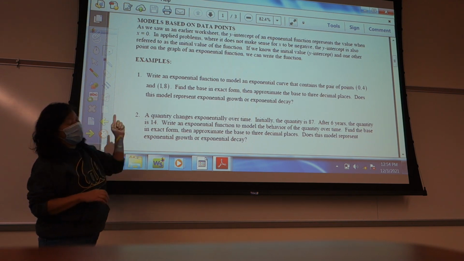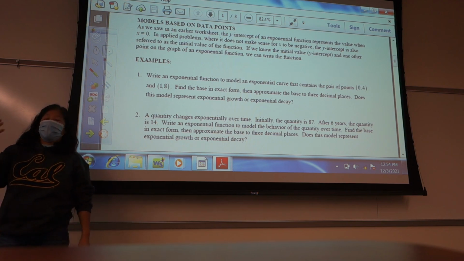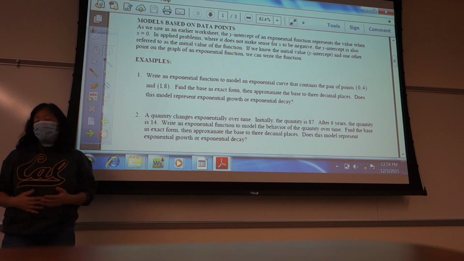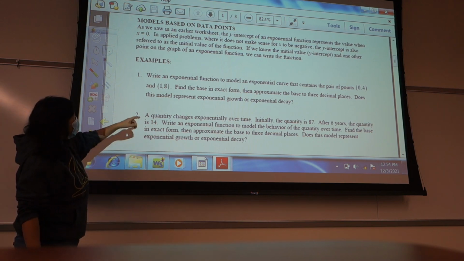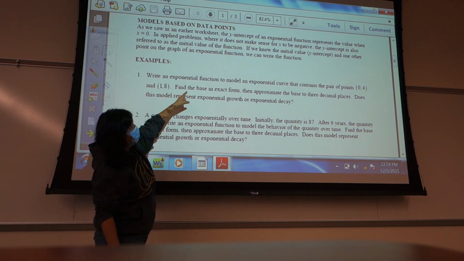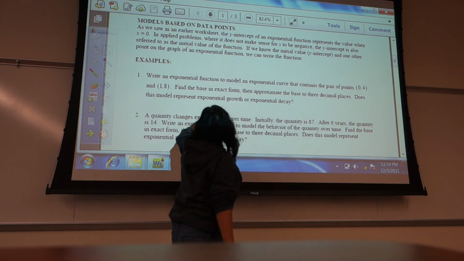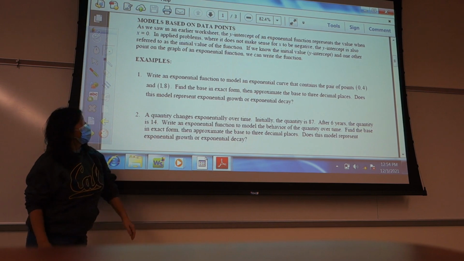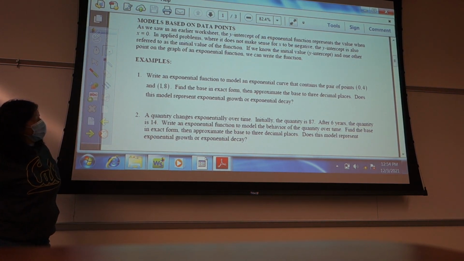But as long as we have our initial amount when x is 0, we have our c. That gives us our first base. So here, write a function that contains the pairs of points (0, 4) and (1, 8). Find the base and then approximate the base to 3 decimals.